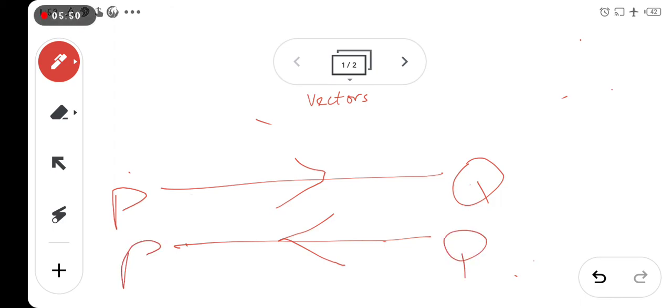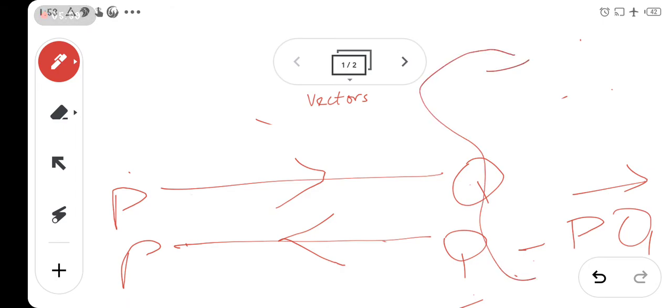So this will be minus vector PQ, which is also the same thing as vector QP. Sorry that this is rough.